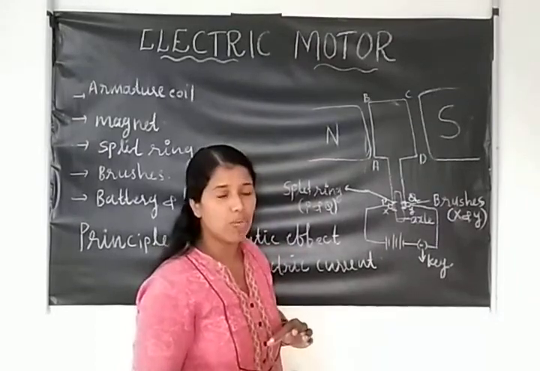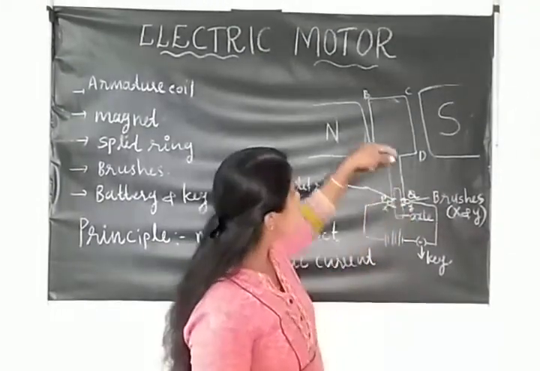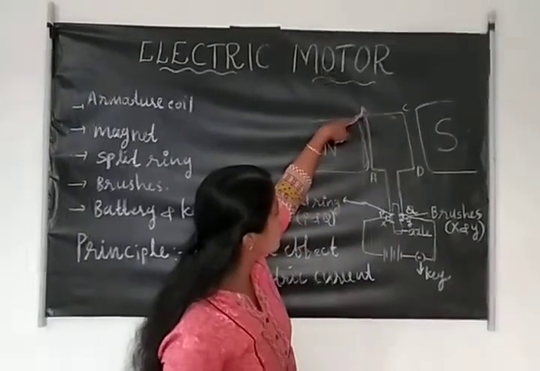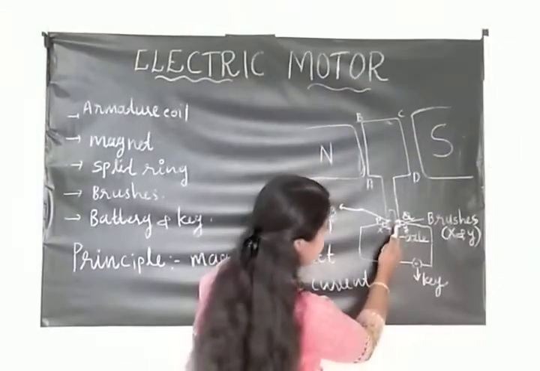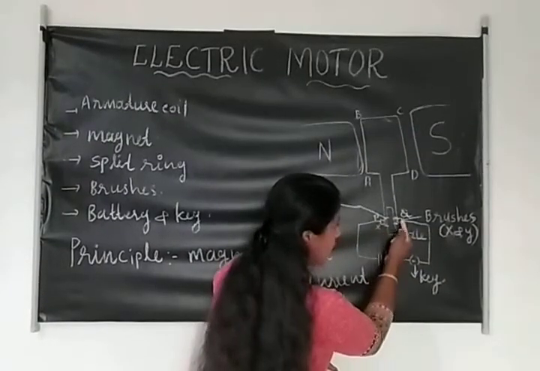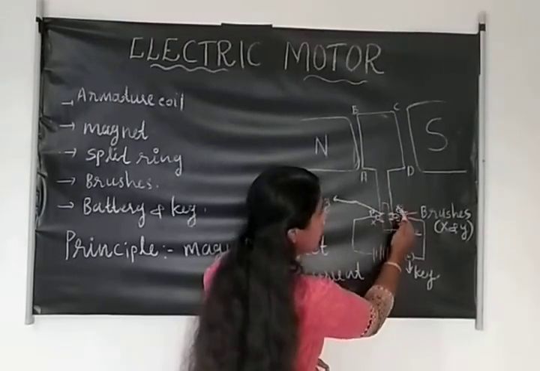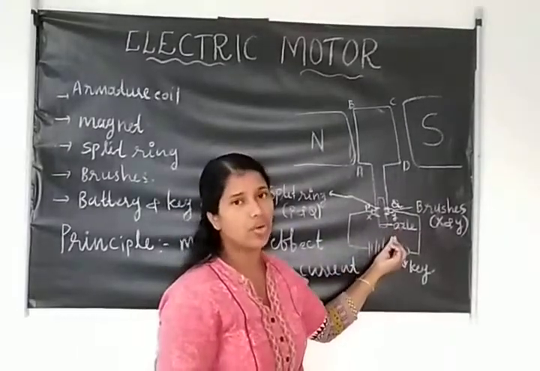The split rings reverse the direction of current. Then AB and CD are just opposite to before. First the current passed through this side A to B, then it is just opposite. That means the coil will rotate. Then the Q side will be connected to side AB, and the P side will be connected to side CD. The axis will rotate.